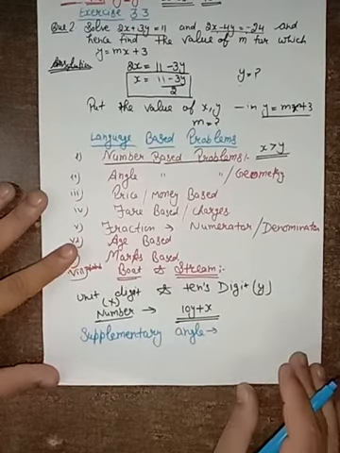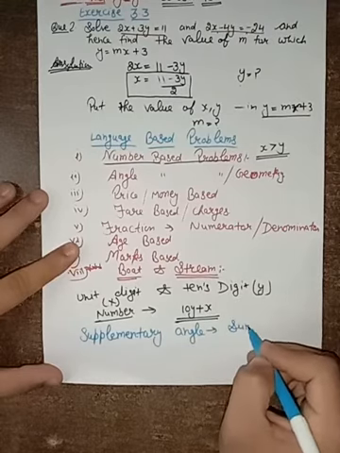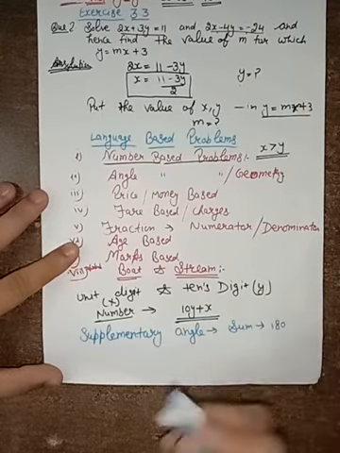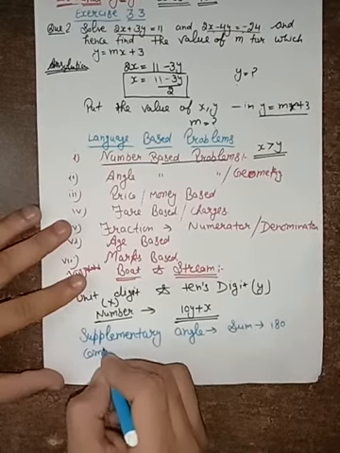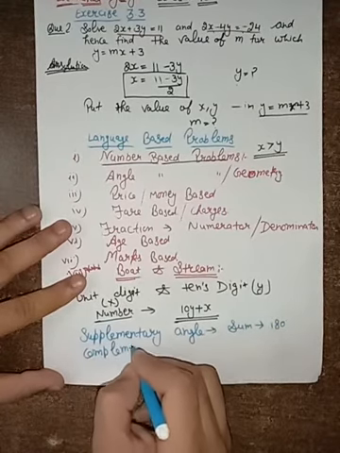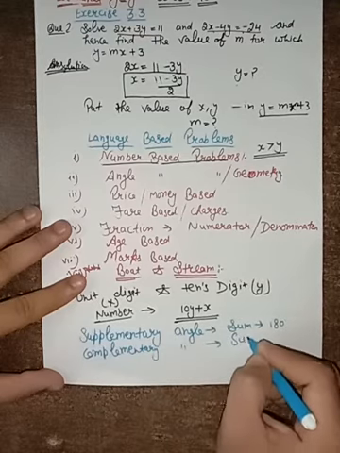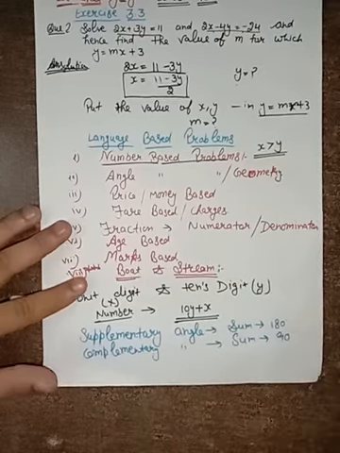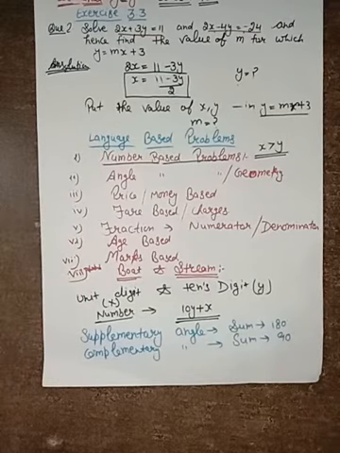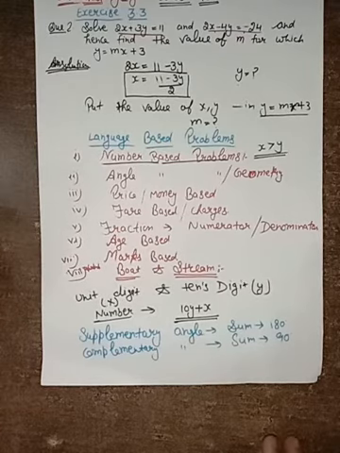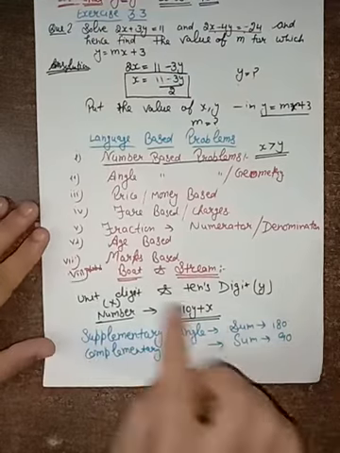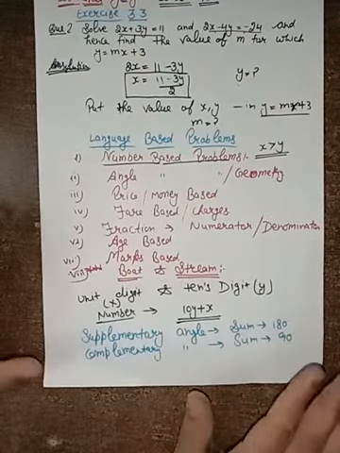Supplementary angles are those whose sum is 180 degrees, and complementary angles are those whose sum is 90 degrees. Today we will discuss only these two types, and in the next lecture we will discuss price, money based or fare based, and then we will move to our remaining three: fraction, age based and marks based. So start with our question.